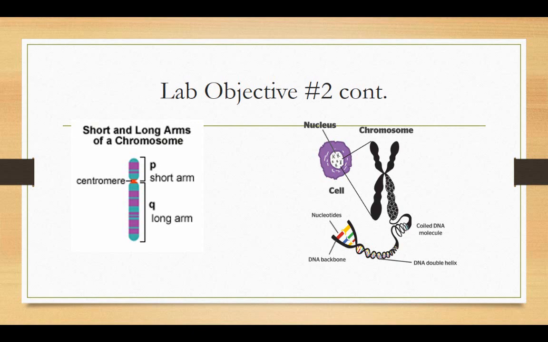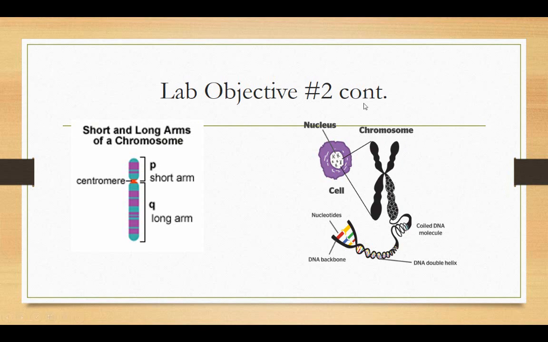And now it's very supercoiled there, and it's in an X-shaped format because it's going through division, and so one of those chromosomes there is identical to the other one on the other side. So essentially, if you split this chromosome into two, they really are identical DNA matches, if you will. But when the cell's dividing, it tends to supercoil it up and make it look like this X-shaped format.